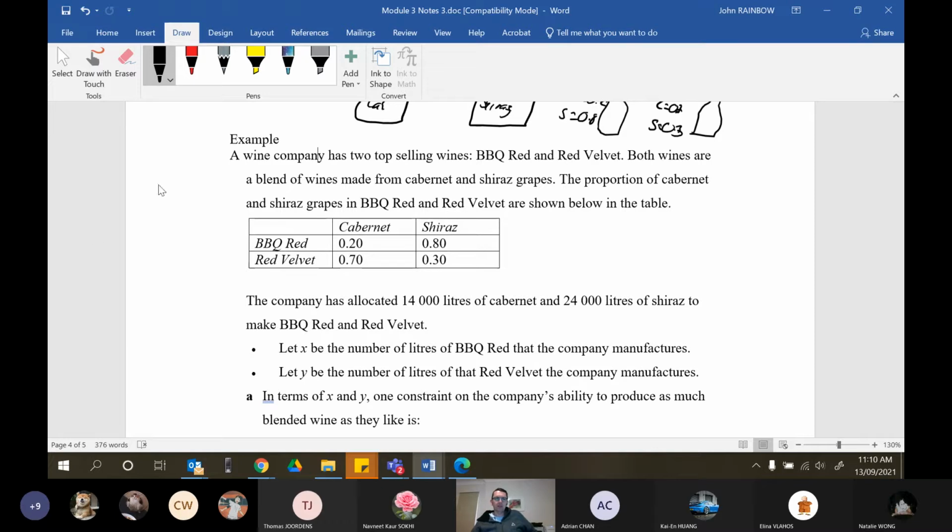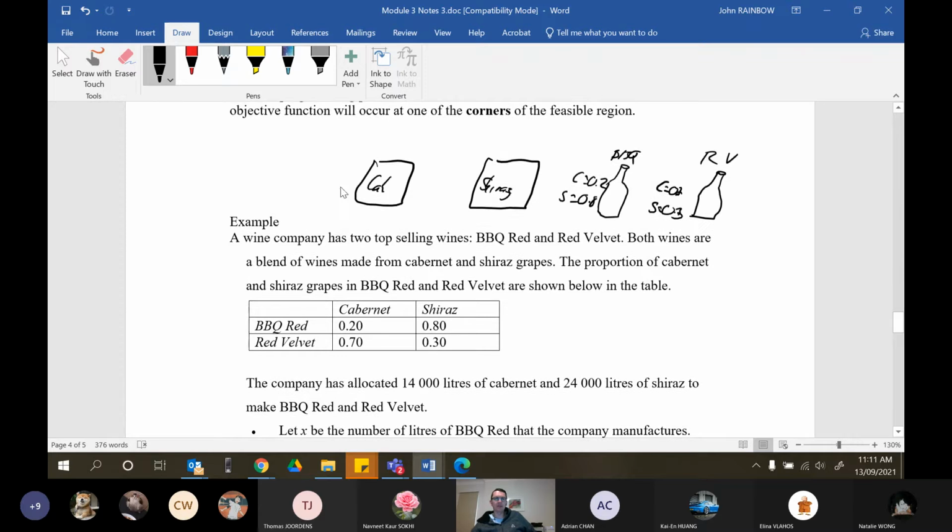Obviously the company doesn't just make one wine, they have allocated litres. Sometimes when you do a harvest, they make, it's a small winery, this one, so not a lot of litres. The company has allocated 14,000 litres of Cabernet, because remember they'll be in big vats, huge stainless steel vats where they've fermented it.